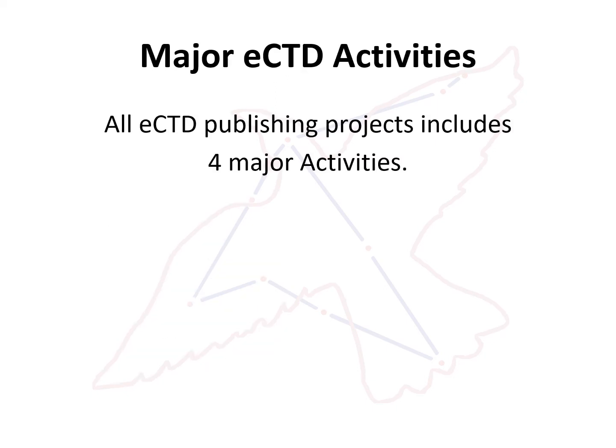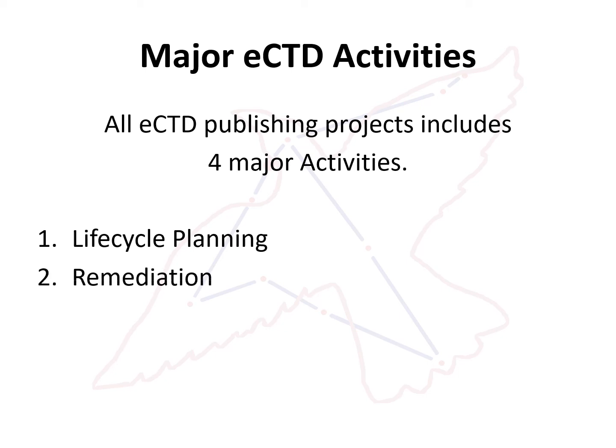There are 4 major activities in any eCTD publishing project. The first is lifecycle planning. This is where you determine what documents you need and what your strategies are going to be for pursuing approval. Next is remediation. This is the document level processing where you clean the documents, you get them into the correct format, and you provide all the bookmarking and linking.